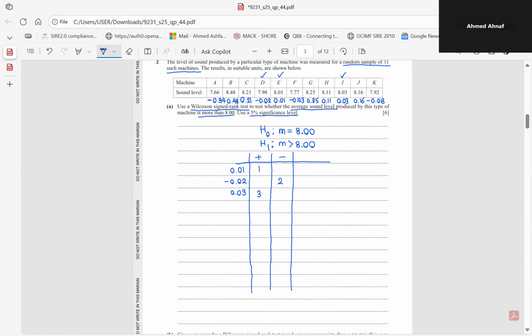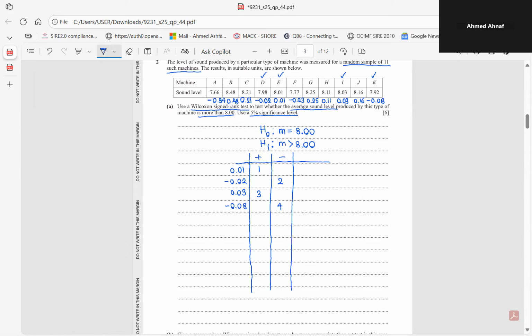Then negative 0.08, let me check one more time. Yep, that's the next one, so this one will be number 4.